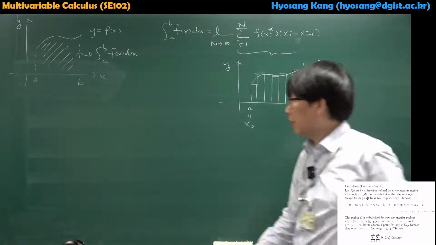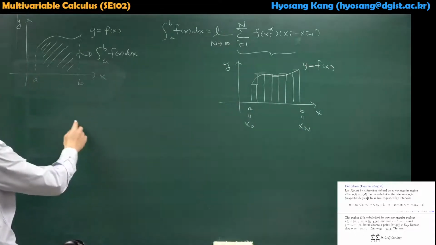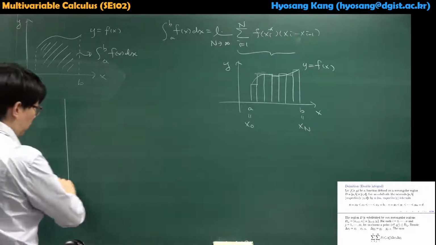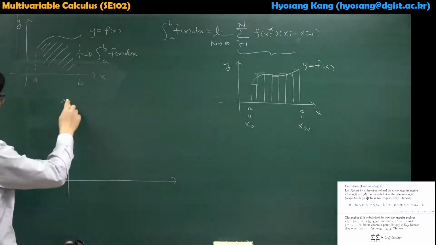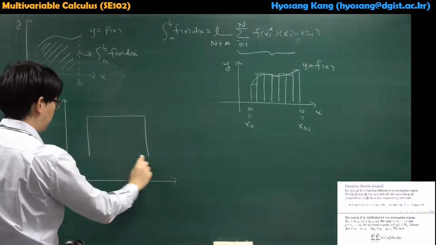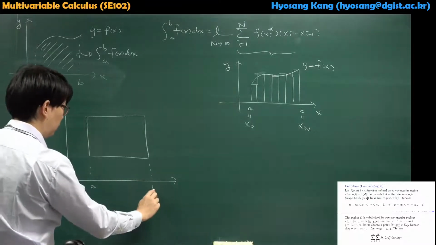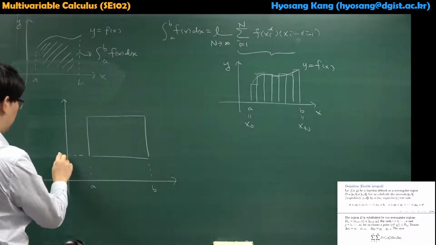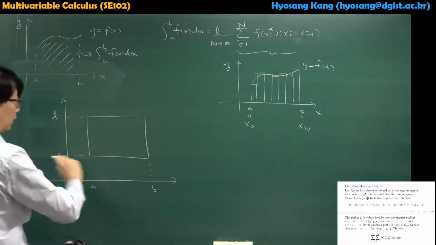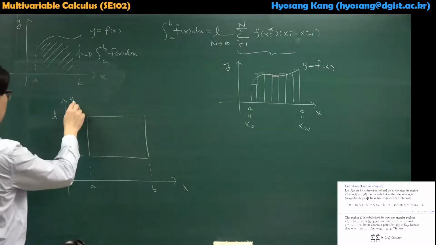In other words, let me draw that here. We have a rectangular region where the function is defined. Here is a, here's b, here's c, here's d. This is x and y.